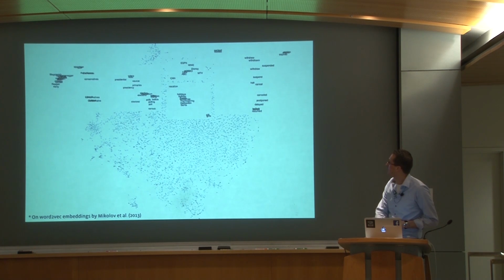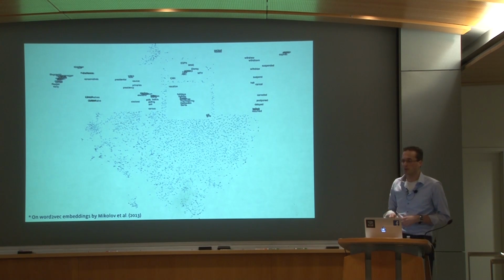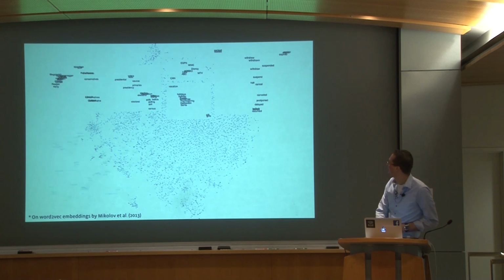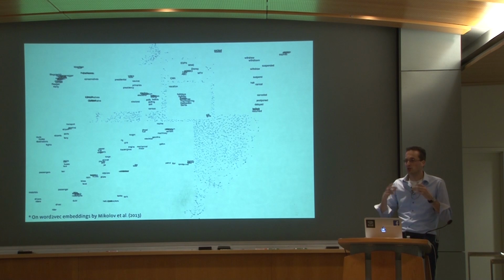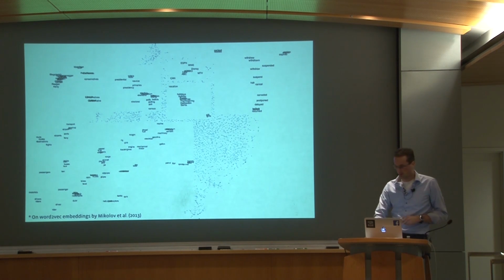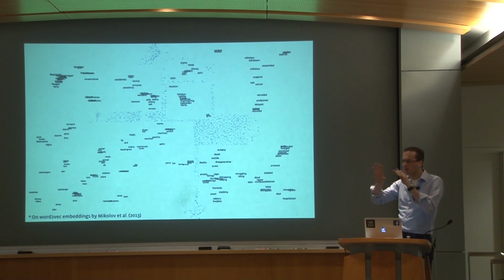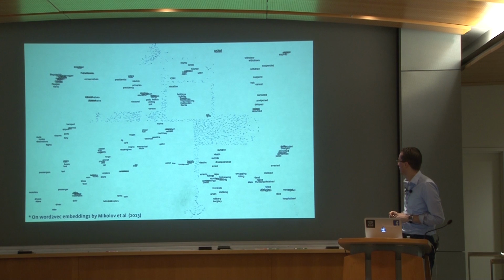Here are words related to voting. The only thing it hasn't figured out is the difference between Democrats and Republicans. It still puts them in one big pot. Here are all sorts of words that have to do with transportation, things like that. And wherever you look in this map, you see this kind of structure.